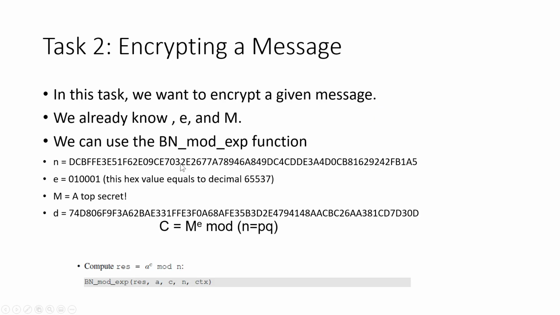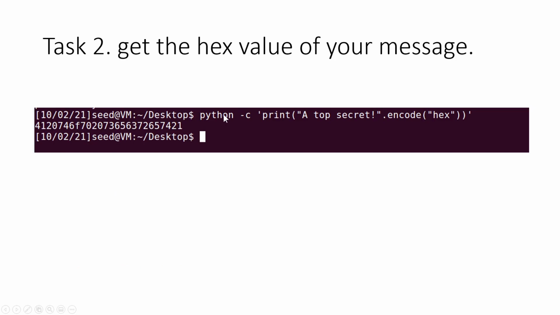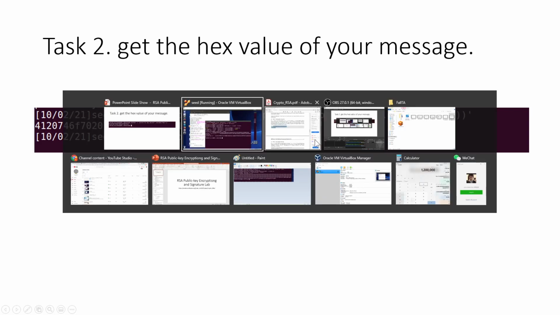Before that, we want to transfer this message M to a hex value, the same format as N, E, and D. So we use this command: python -c print 'top secret'.encode hex.